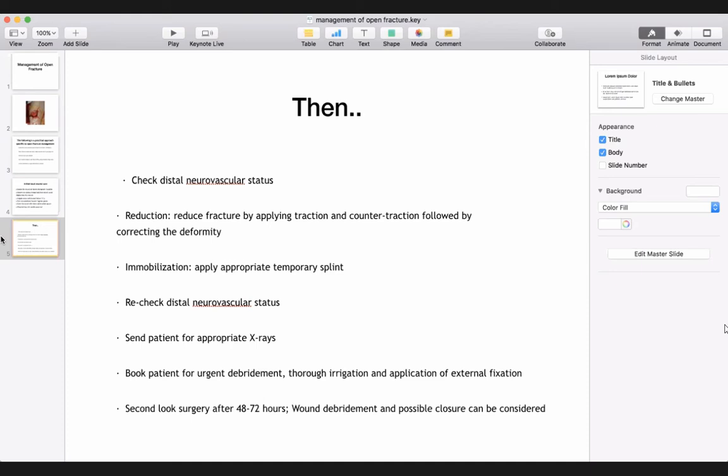What else? Osteomyelitis. So usually infection can be acute or chronic. Infection can be in the joint or in the bone. In the joint is septic arthritis, in the bone is osteomyelitis.